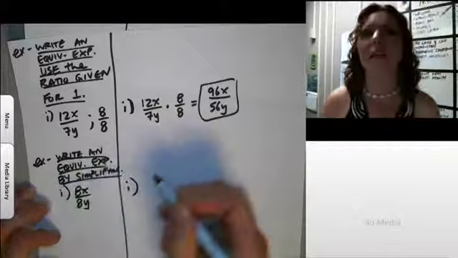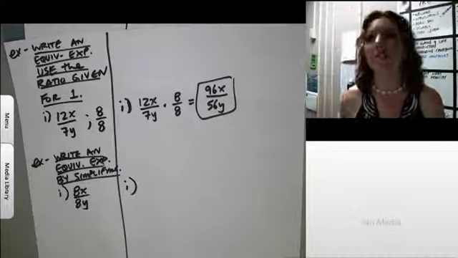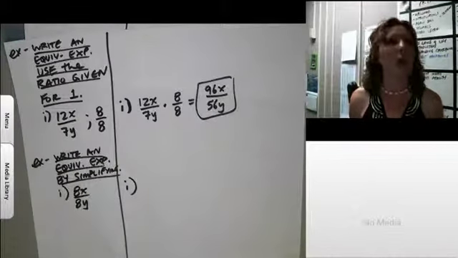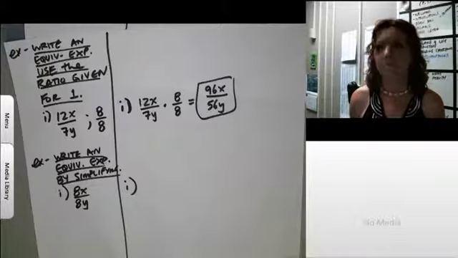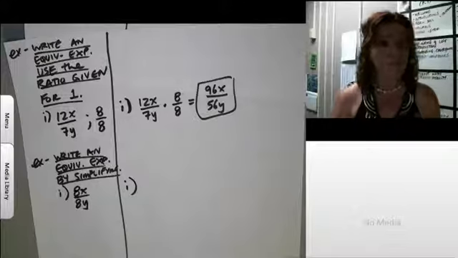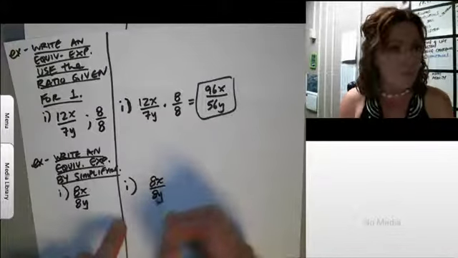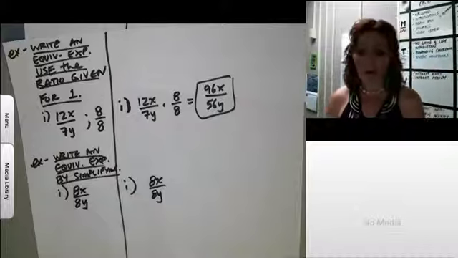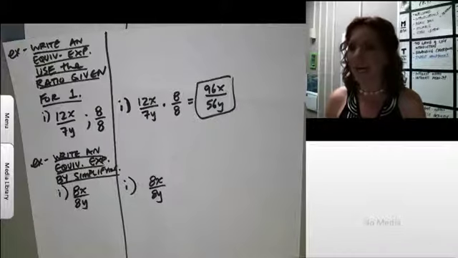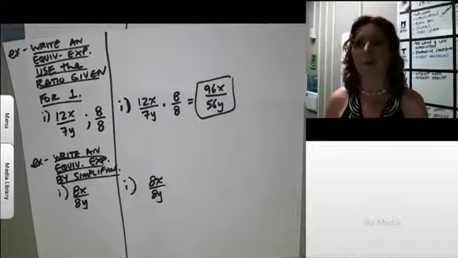So what does simplifying mean exactly? Can anybody tell me, if they were going to define simplification, how would you define it? Juliana? Just making it smaller, more simple. Good. So making it smaller, more simple. Very good. Okay, so how could we go about simplifying 8x over 8y?